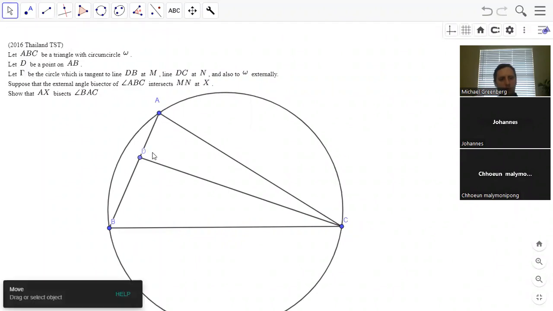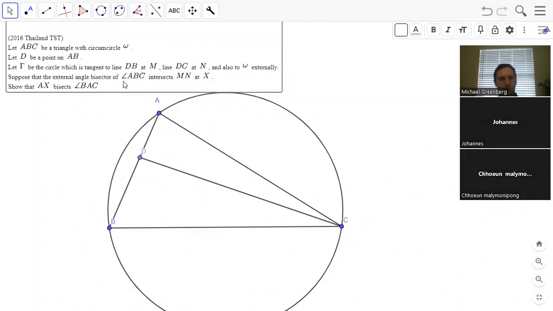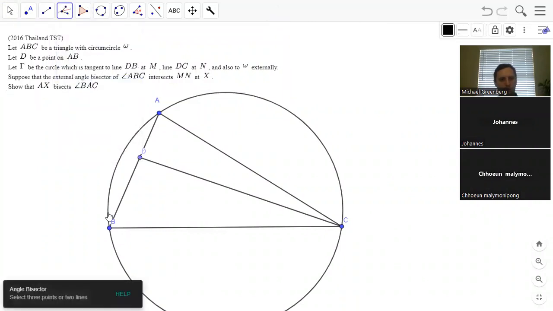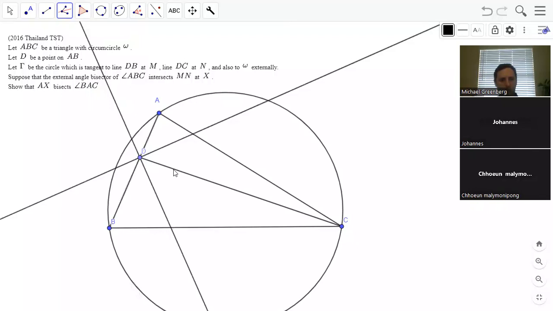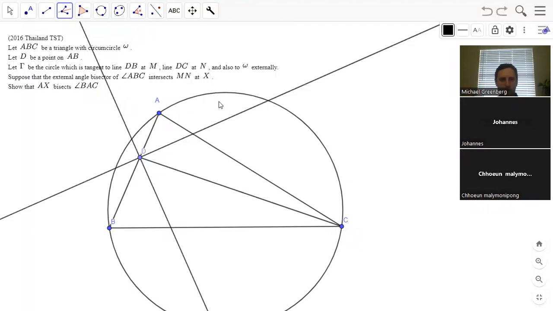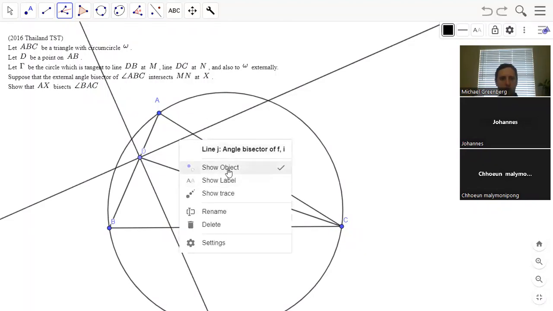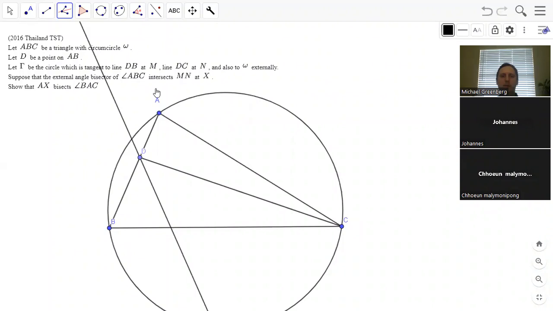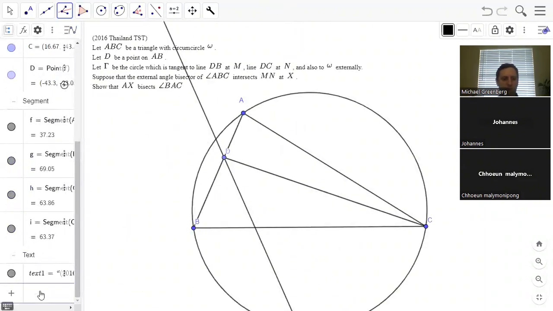If you draw the angle bisector of BDC, we know that the line connecting the points of tangency is perpendicular to that, and also it goes through the incenter of ABC. So we can just drop the perpendicular from I to this angle bisector.